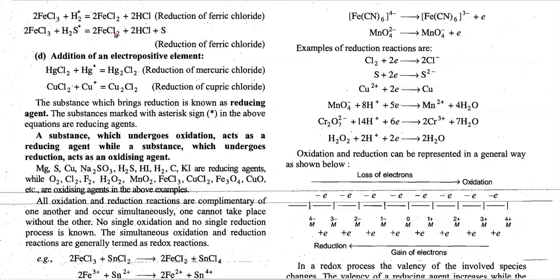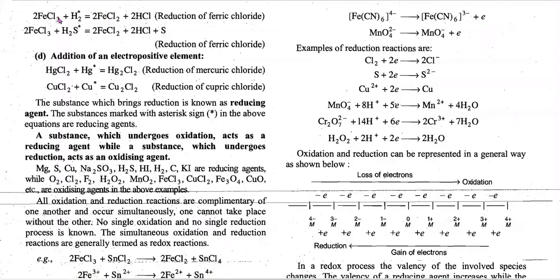So here also removal of an electronegative atom takes place. You can see here 3 chlorine, but here only 2 chlorine. So 1 chlorine is removed. Chlorine is an electronegative element. So removal of an electronegative element is called reduction.